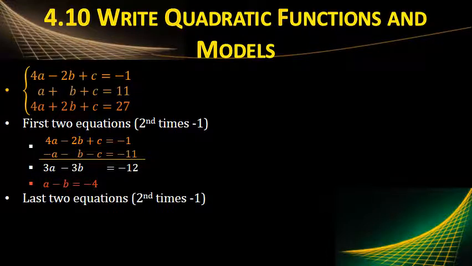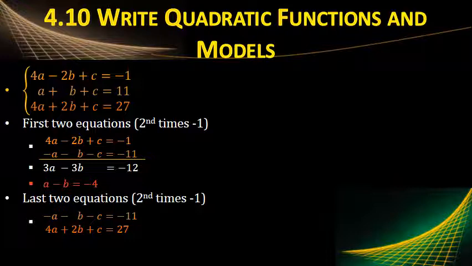Then I'm going to take the last 2 equations, and I'm going to multiply the second equation by a -1 so I can eliminate c again. So my second equation here is multiplied by -1, and then the third equation is down there.